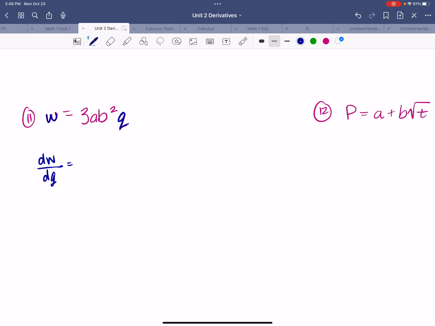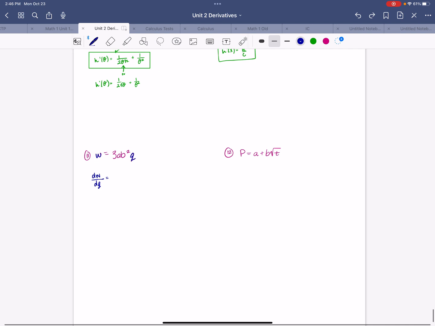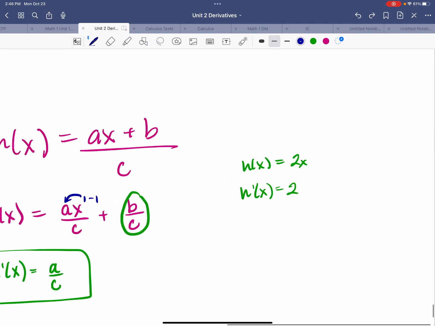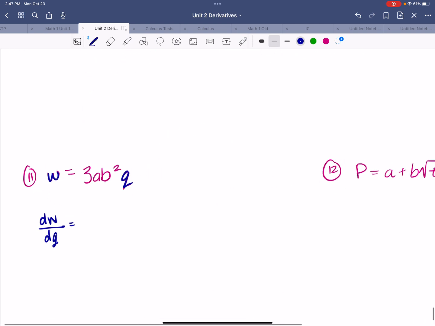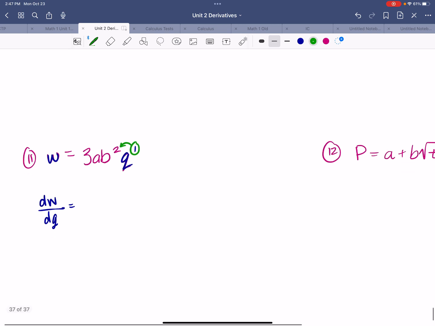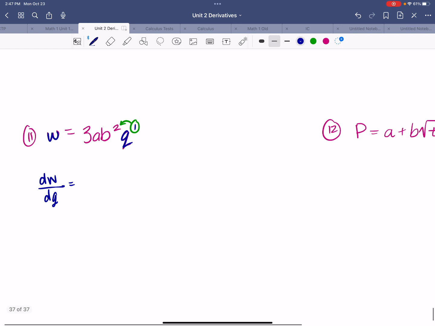This is just going to be my constant, the product of 3a and b squared. Similar to what we had just talked about, the derivative of 2x is just 2, just that coefficient because of this power of 1. This q also has a power of 1. So when I apply the power rule and multiply that out in front, it's 1 times all of that other stuff, leaving me with 3ab squared.